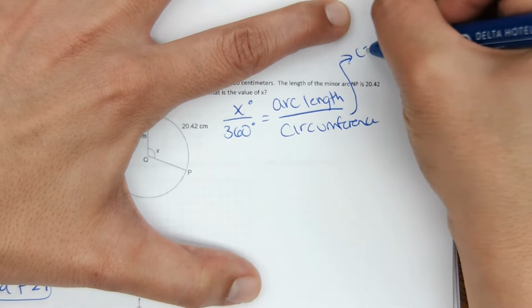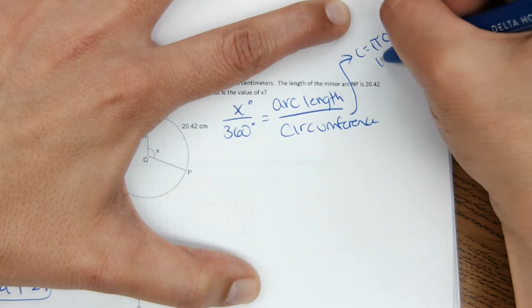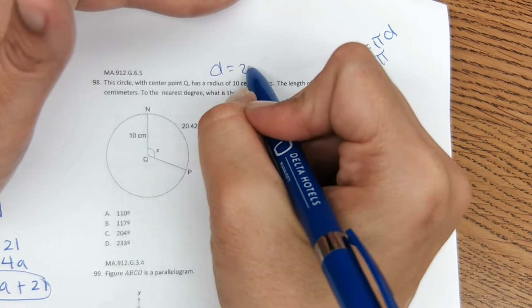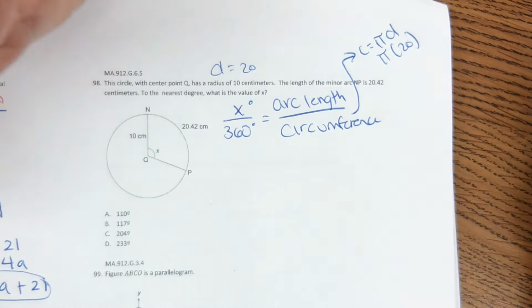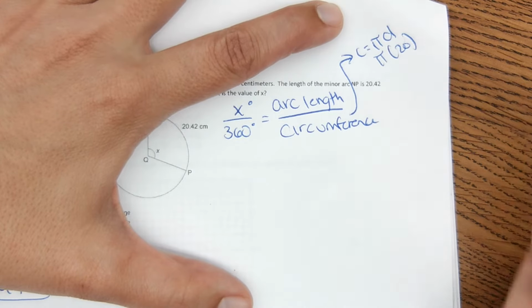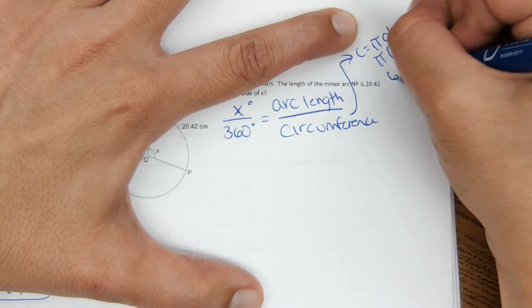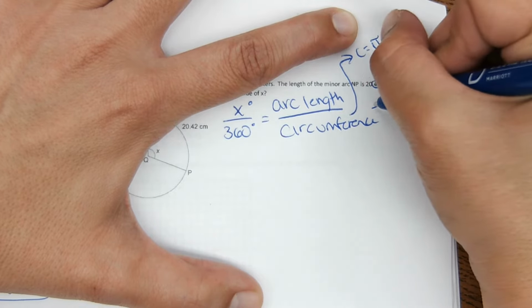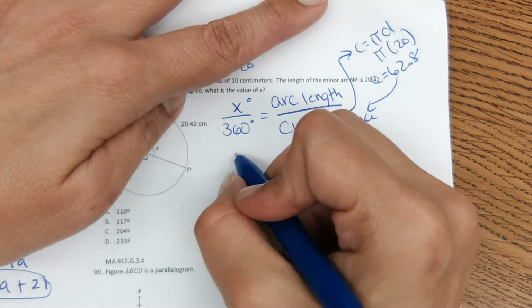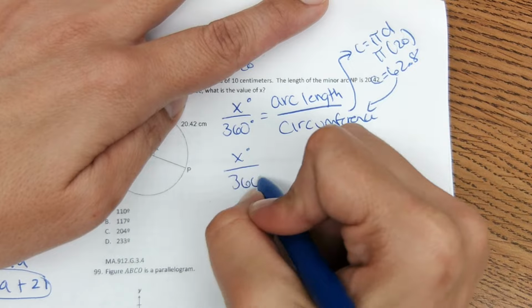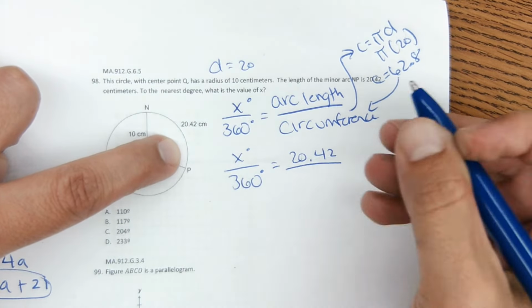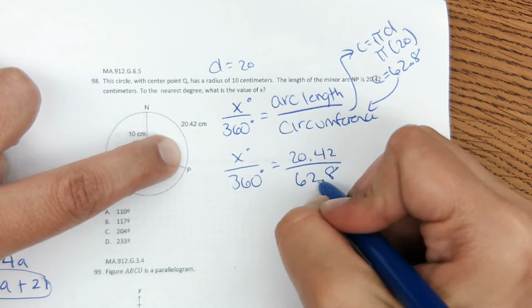Circumference is pi times diameter. So pi times radius is 10, diameter is 20. And so 20 pi equals 62.8 for circumference. So we get x degrees over 360 equals the arc length, which is 20.42 over 62.8.